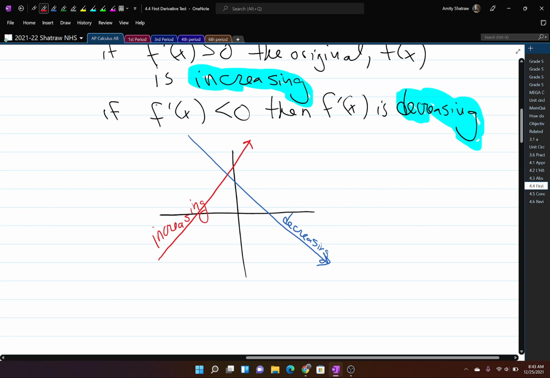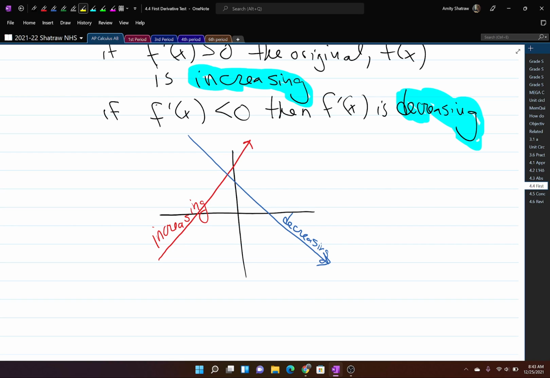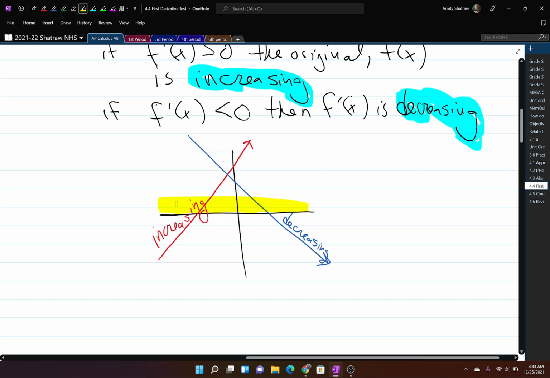And notice that increasing doesn't have anything to do with the y-axis, and it doesn't have anything to do at all with whether or not that value is positive or negative. What I'm saying is that the slope is positive here.